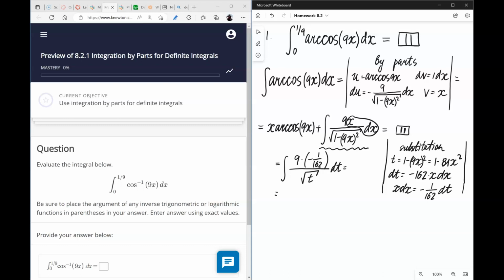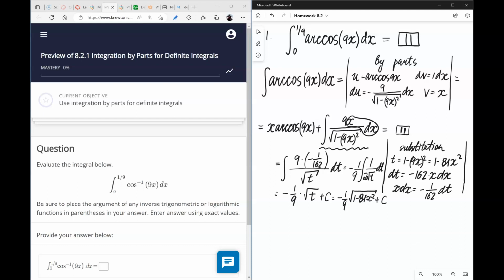We have 9 goes into 162 18 times. So we have negative 1 over 18, but I'm going to write it like this, just so we can see the pattern. So this integral is pretty straightforward. It's just the integral of square root of t. But remember, t is not the original variable, x is. So here's my answer to this problem.